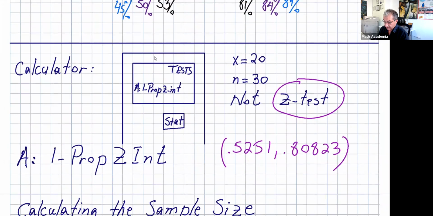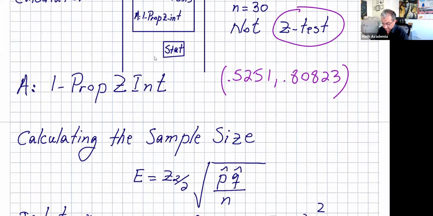So you just input those and the calculator will give you the interval right away. So it's pretty fast with the calculator. However, know the formulas also, please. Do not pick z-test. So it's not z-test, it's interval. Be very careful with this, because we're going to use this for the mean, standard deviation maybe, or the difference of two means or two proportions.